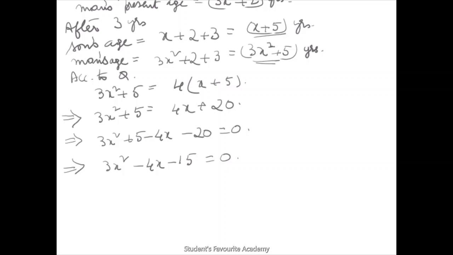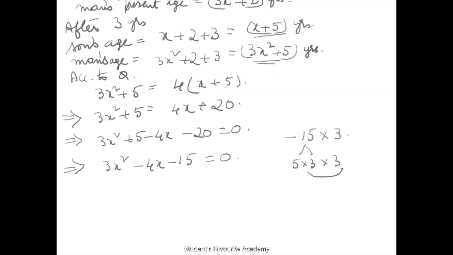So, the product we have to take as minus 15 into 3. Okay? And we have to find out the factors whose sum becomes minus 4. Okay? So, let us write this. Factors of 15 will be 5 into 3 and this 3.